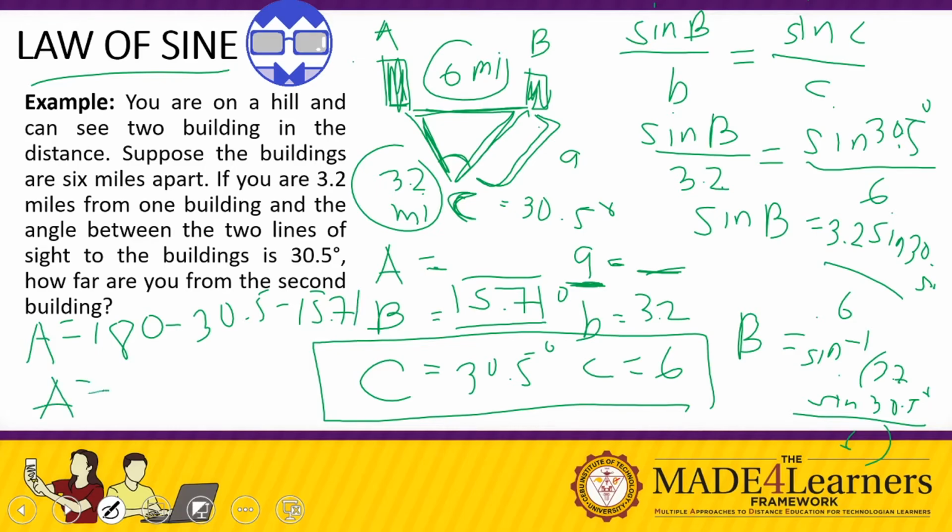So A is 180 minus 30.5 minus 15.71. So we have 134.79 degrees.